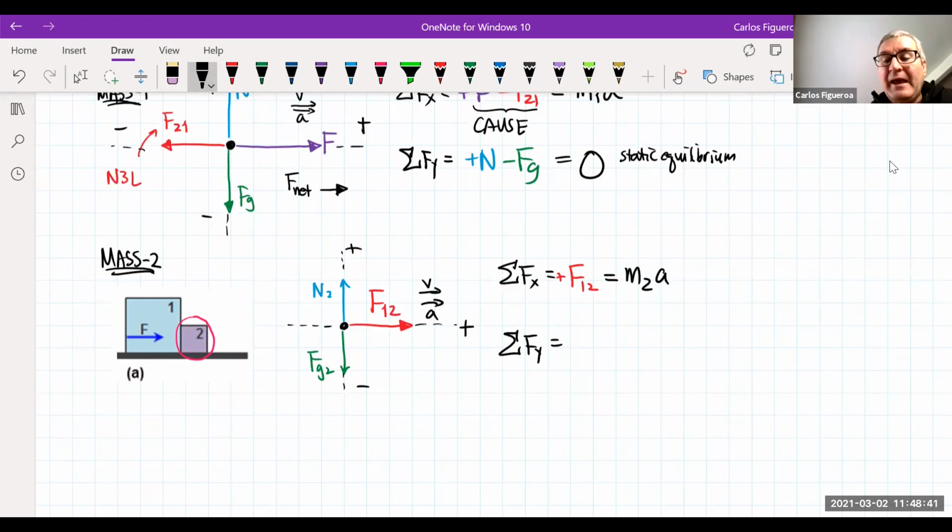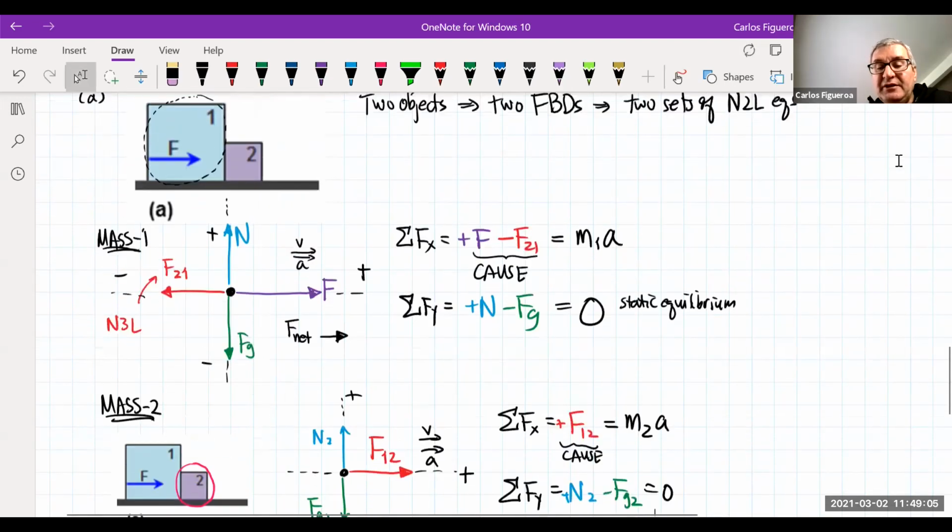Mass 2, not mass 1. So what caused this thing to accelerate? Clearly, the cause of the acceleration is the force between 1 and 2. And then, just as we did before, I have N2 minus Fg2, and because it's in static equilibrium, I put 0 here.